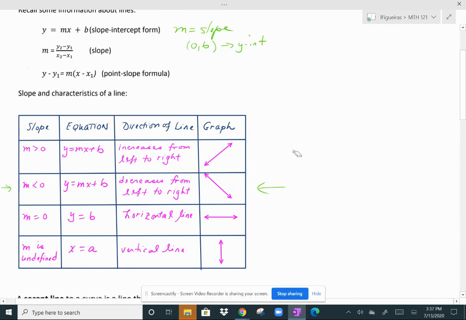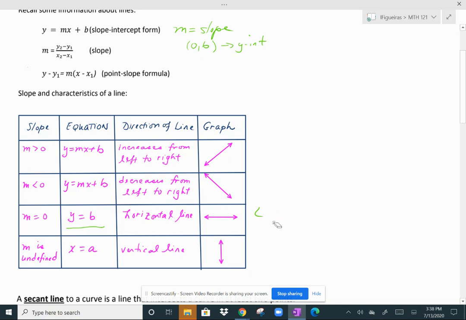Then you have the scenario where your slope is 0. When your slope is 0, that means that this term here, mx, goes away, so your equation is expressed as y equals b, where b is a constant, and that graph is going to be a horizontal line, like what you see here.